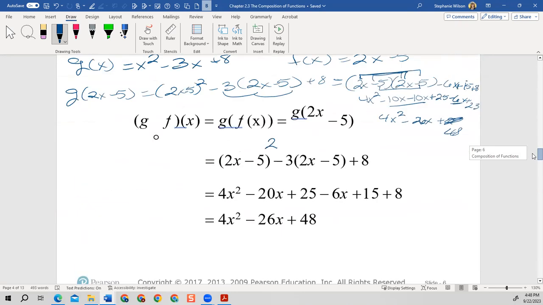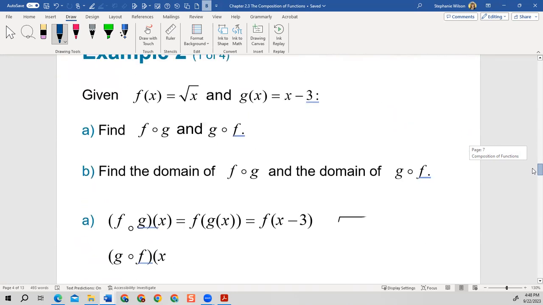Oh, and if we were to state what the domain is, it's all real numbers because it's polynomials. However, when we look at this next example, if you'll notice, f of x has a square root, an even root. So that means that it has a restriction, right? Because an even root cannot yield a negative answer.